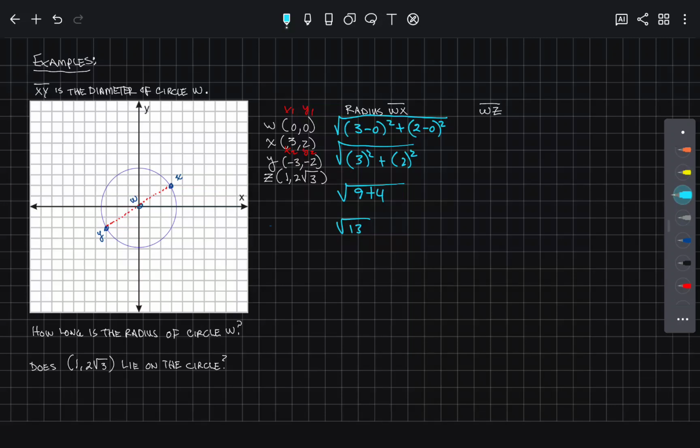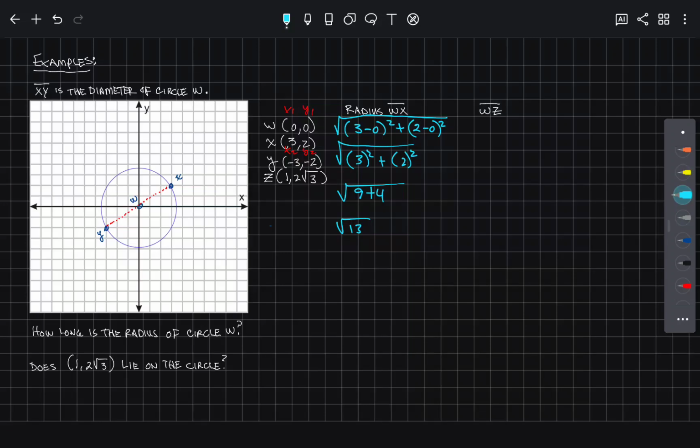This again coincides with the Pythagorean theorem in that the legs of the right triangle that were formed from that line segment are going to be 3 by 2. That's A and B. And we squared both of those. 3 squared is 9, 2 squared is 4. And then the sum of those is going to be what c squared is, which is going to be the square root of 13. Now, if WZ measures the same thing, the square root of 13, that means that they are the exact distance apart from the center, which means they both lie on the circle.